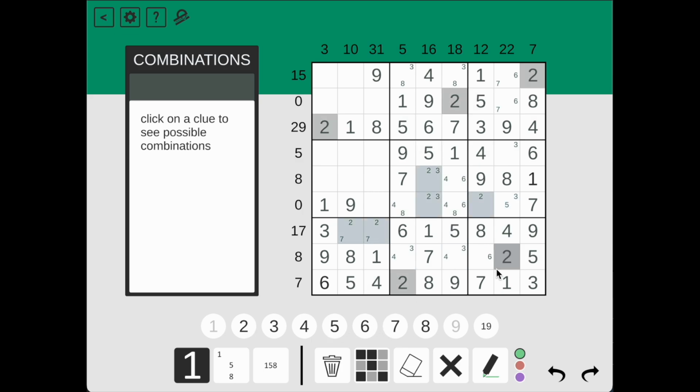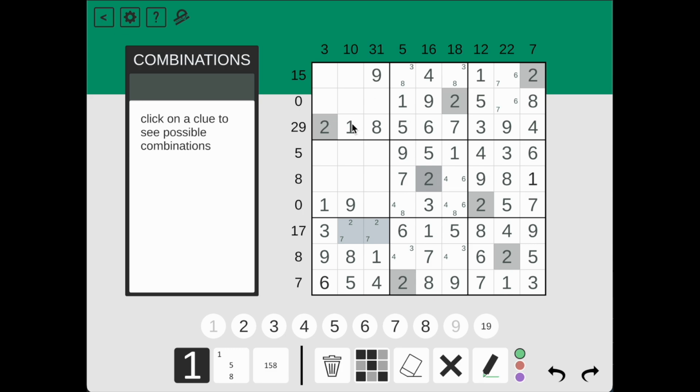This is 2. And 6. 3, 2, 5. 3, 2. Got a good roll on there.